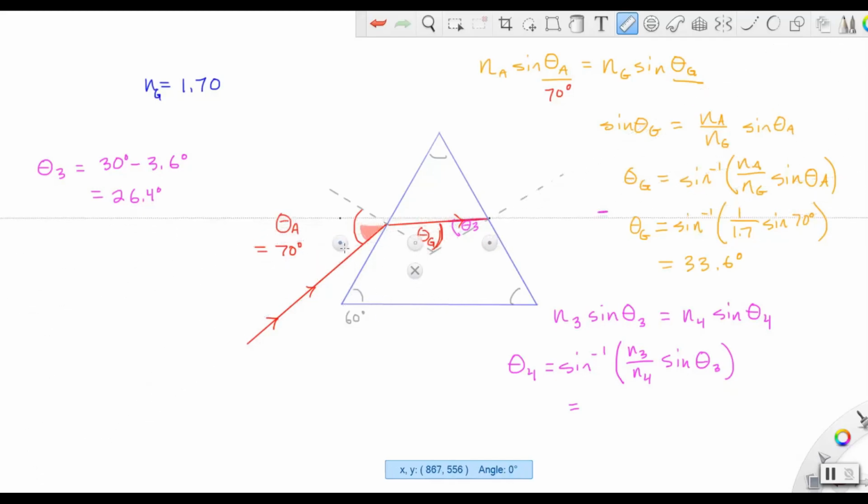So that's the logic that we use, or the mathematics that we use for this geometric proof. Well, okay, now that we have that, all we have to do is plug in our numbers. With n3, the index of refraction 3, equal to 1.7, and n4, the index of refraction 4, is the index of refraction of air. And so that would result in an angle of 49 degrees with respect to the normal.